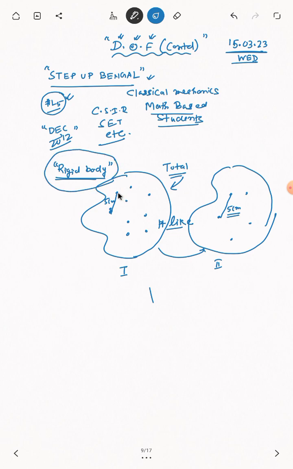That is, if the distance between two points stays fixed as it moves, say it was 2 centimeter, now in the new position it should be and must be 2 centimeter also, then we call it a rigid body.